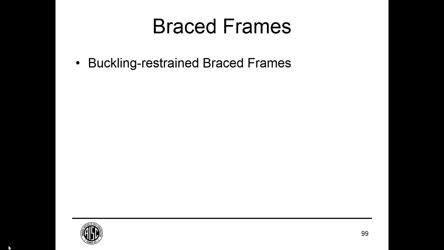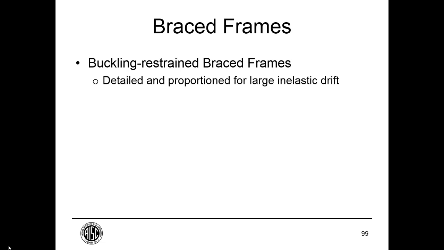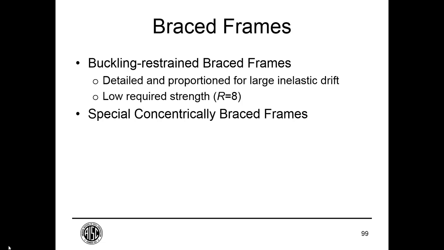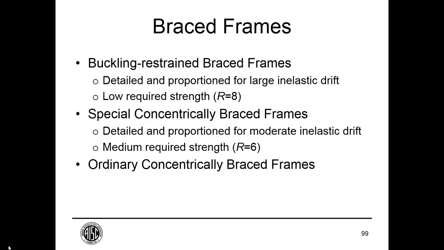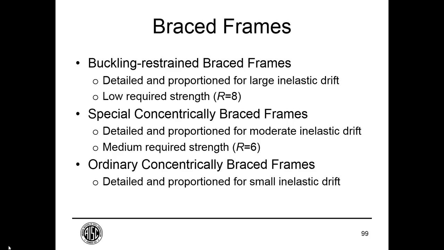Braced frames, we have the buckling restrained braced frame, large inelastic drift, R of 8. Special concentrically braced frame, less inelastic drift, R of 6. Ordinary concentrically braced frame, very little in the way of detailing requirements because we don't expect large drift demands, and it gets an R of 3.25, the lowest of any of the braced frame systems.